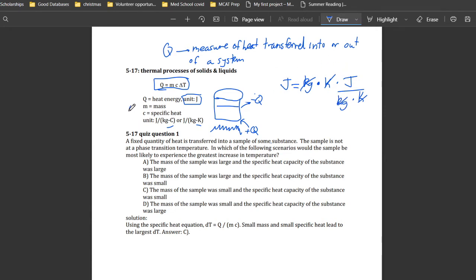And I want to make a note of what specific heat is. The specific heat is unique to a given substance, and it denotes the amount of energy needed to increase 1 kilogram of a compound by 1 degree Celsius or 1 degree Kelvin. And I'm using Celsius and Kelvin interchangeably because the amount of energy required to increase something by 1 Kelvin is the same as the amount of energy required to increase a compound by 1 degree Celsius, because these are technically in the same scale.